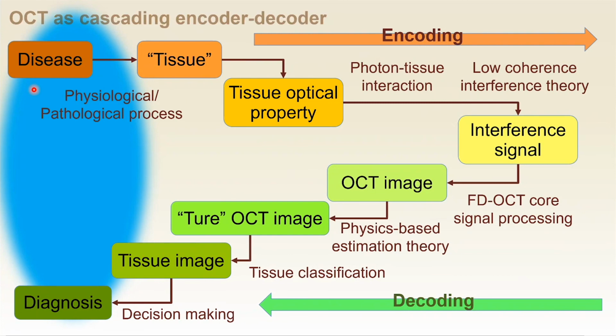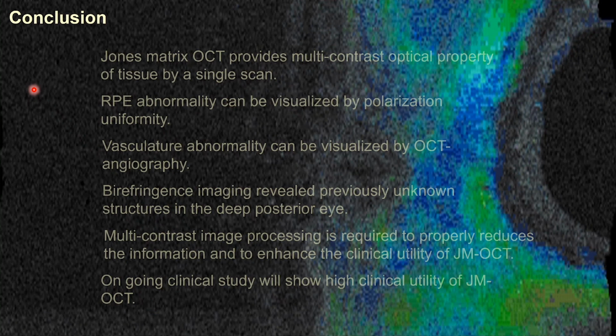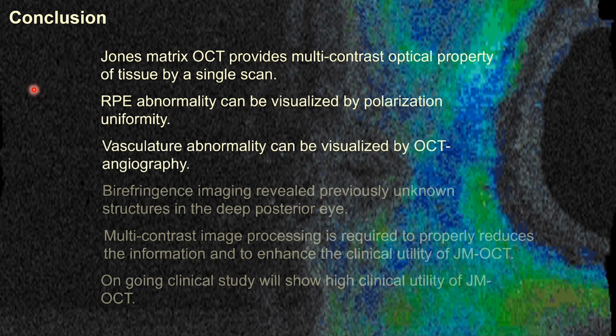So let me close today's lecture. Today's lecture was dedicated to a hot topic of OCT, the so-called Jones matrix OCT. I explained the brief concept and technical background of its implementation, and I applied it to retina imaging. In short, the retinal pigment epithelium abnormality can be visualized by the polarization uniformity, and a vasculature abnormality can be visualized by OCT angiography.